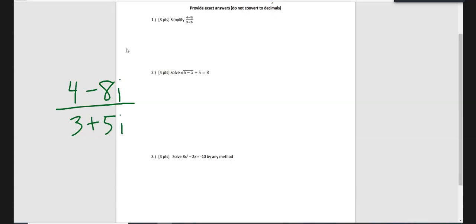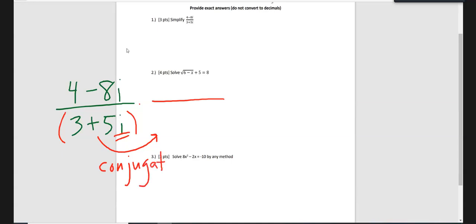Okay, so the idea here is to get rid of the i from the bottom. That's my goal. My goal is to get rid of this from the denominator. In order to do that, we need to multiply by the conjugate of the denominator. The conjugate of that would be 3 minus 5i.